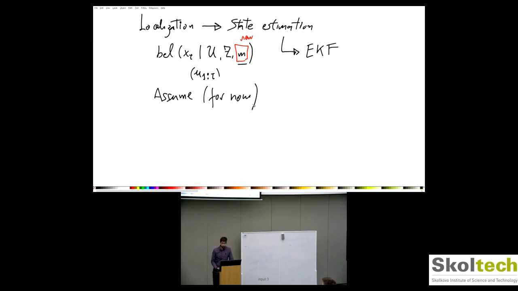Okay, so this is our assumption for now, that the correspondences between landmarks and observations are known. We wrote this the following way. We have this new variable, C, which is the correspondences, and for each observation, this corresponds to the index of a landmark.